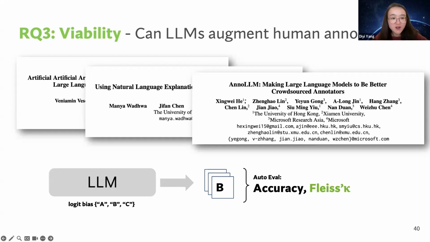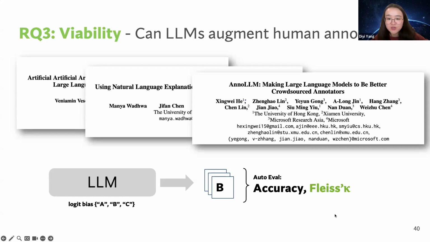If what we see from these papers is as expected, then we would expect that large language models can actually serve as one of the potential labelers here. Then if we use them to do the data annotation and compare it with human annotation, we should be able to assess how well they agree with each other.